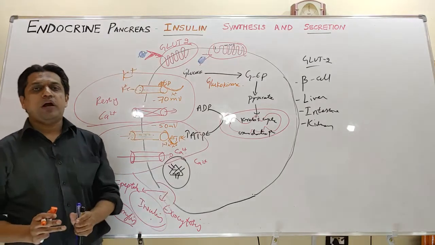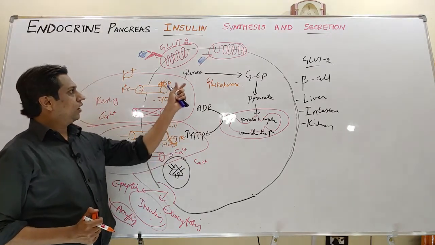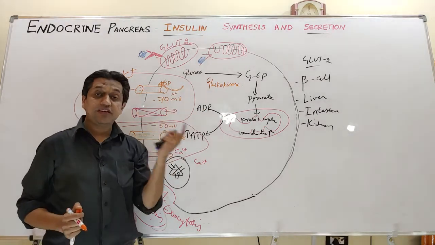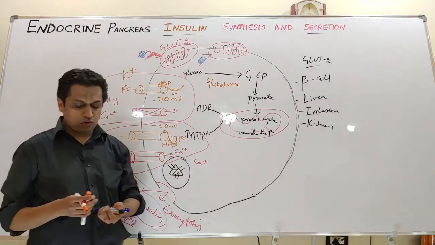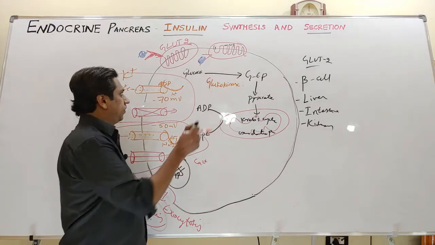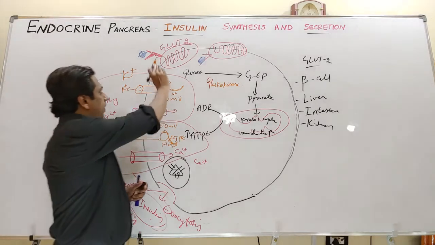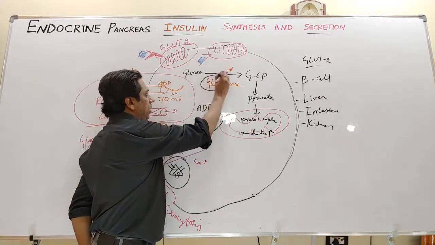Now at this point, I would like to share some clinical significance, some clinically related things of this beta cell, some diseases related to these beta cell mechanisms. One such disease is related to glucokinase. See, GLUT2 is the main sensor for the glucose, but here glucokinase is the rate limiting step.